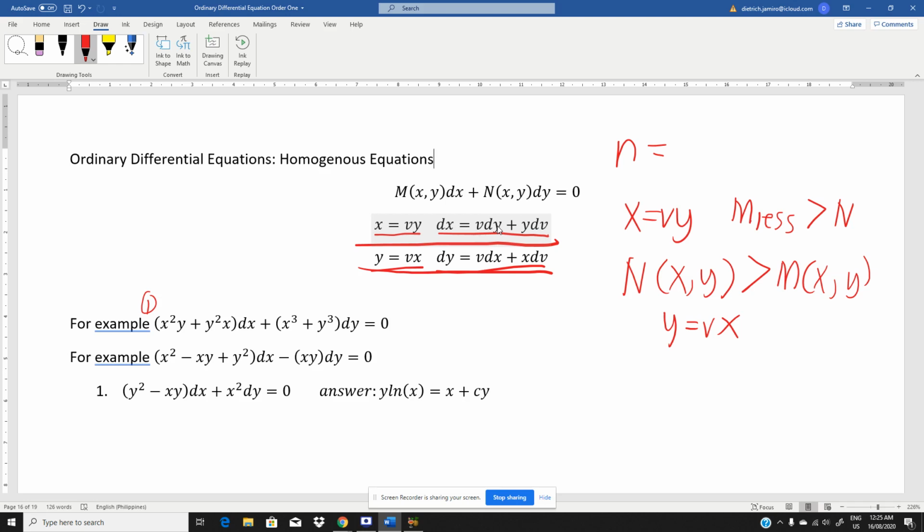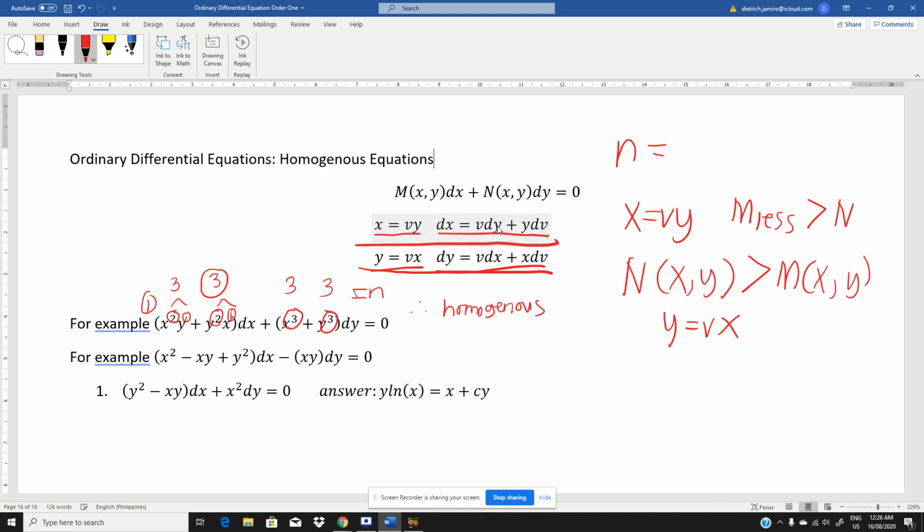By inspection, we can see that this is homogeneous because for the first term, the exponent of x is 2 and the exponent of y is 1, so 2 plus 1 is 3. The second term is also 3. Then this term has a degree 3, and this term also has a degree 3. So all terms are equal. Therefore, this differential equation is homogeneous.